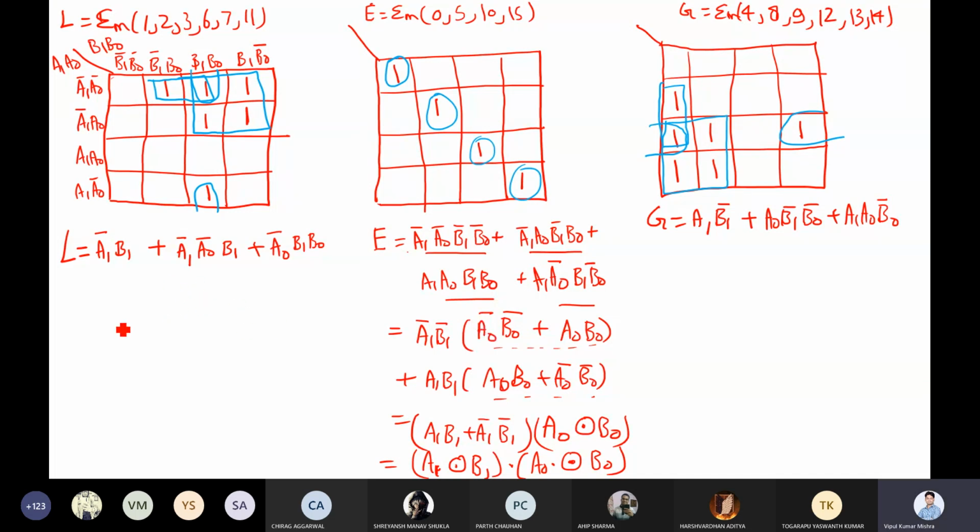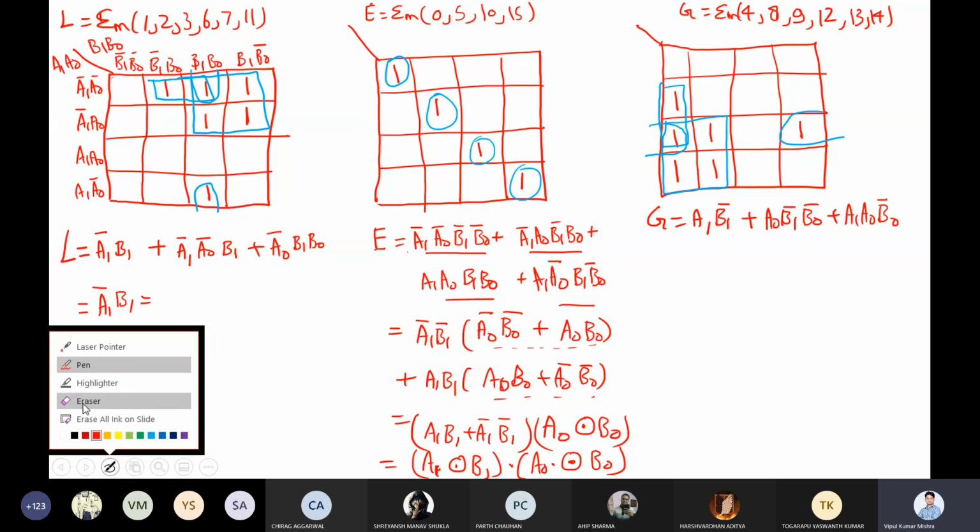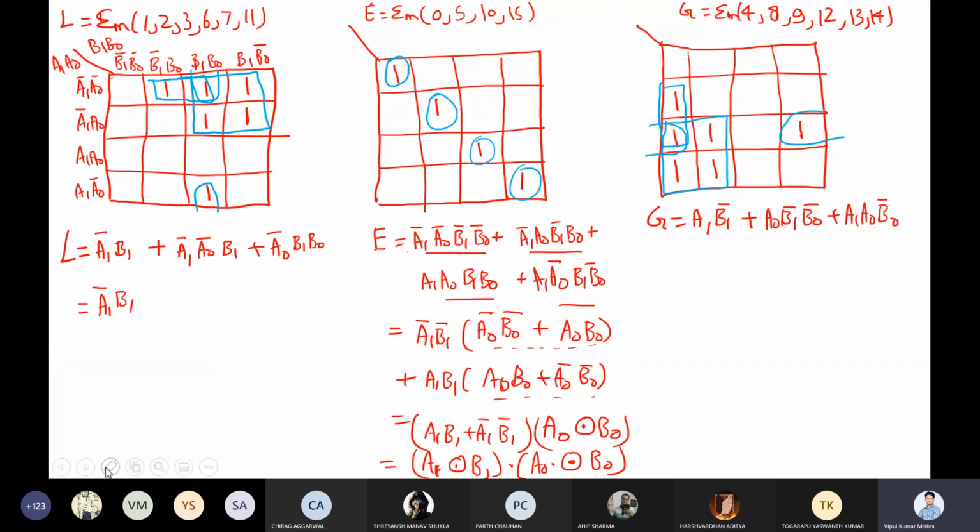Right. Now, just for simplicity, I'm doing some modification to simplify things, and then you will easily understand how to make it for higher bits.